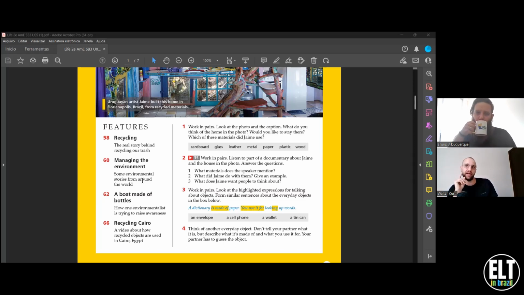There is one more thing about Life that I think is very interesting. They have sections in the book with critical thinking. Yep, that is very interesting. They address things that you don't see in every book. For example, if you're talking about illocutionary force, of course it's not going to say that, but you can work with that.